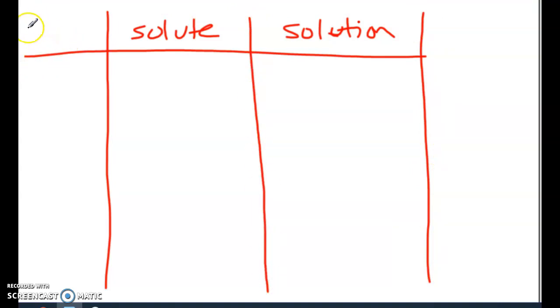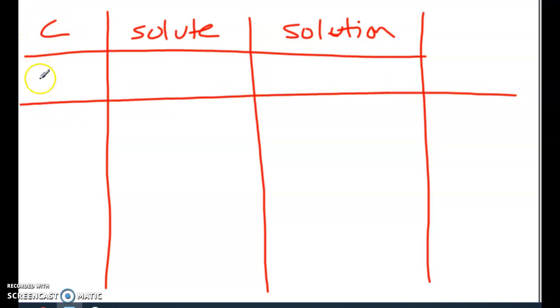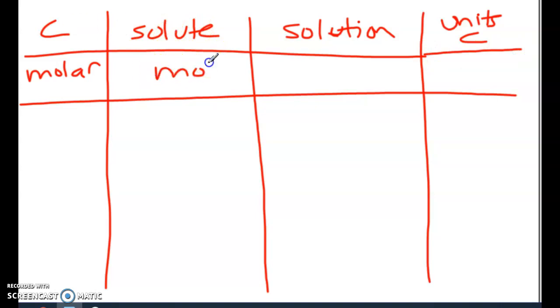So let's say our concentration type. So we'll start off with the one that we began learning about. So let's say we had molar concentration. And let's do our units for concentration as well. So the solute has to be moles. The solution has to be liters. So the unit for concentration actually is going to be moles per liter, right?